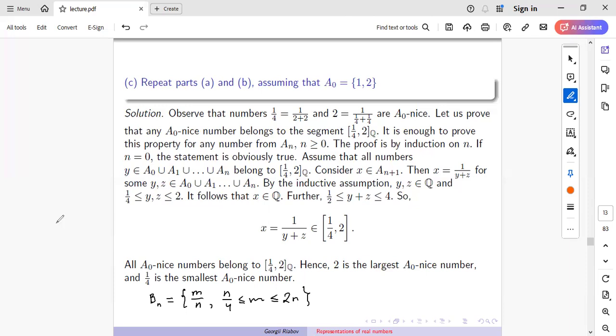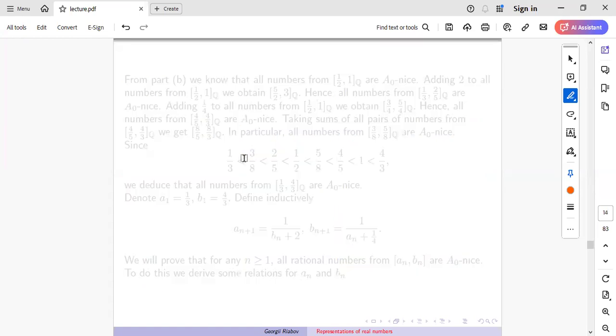So we will do the proof in a different way. And the first observation is 1 is an A0 nice number. In particular, at least we already know that all numbers from 1/2 to 1 are A0 nice.